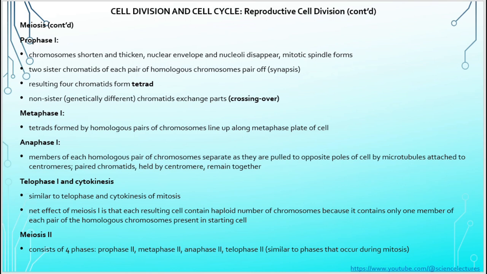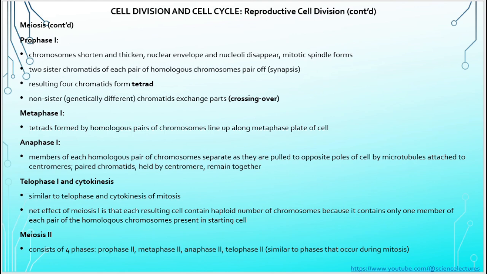Telophase 1 and cytokinesis of meiosis are similar to telophase and cytokinesis of mitosis. The net effect of meiosis 1 is that each resulting cell contains the haploid number of chromosomes because it contains only one member of each pair of the homologous chromosomes present in the starting cell.